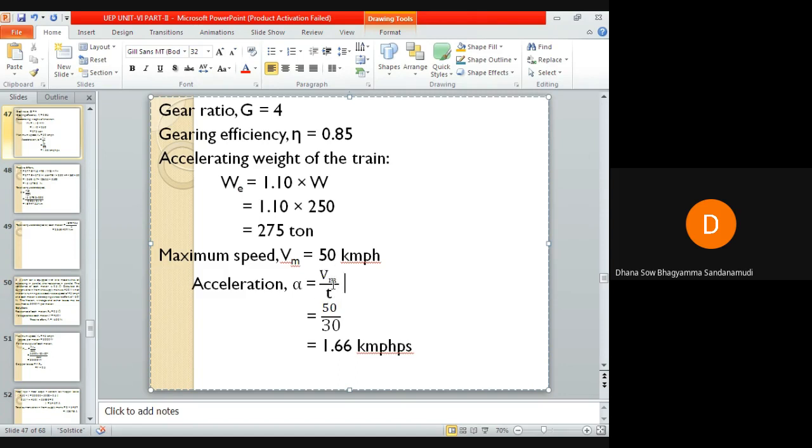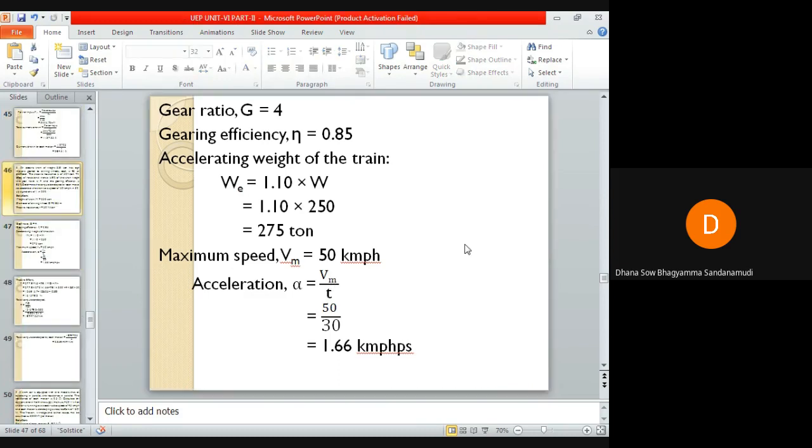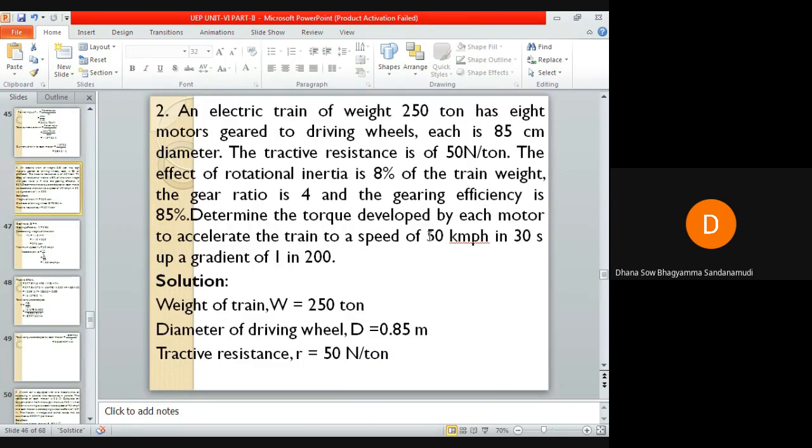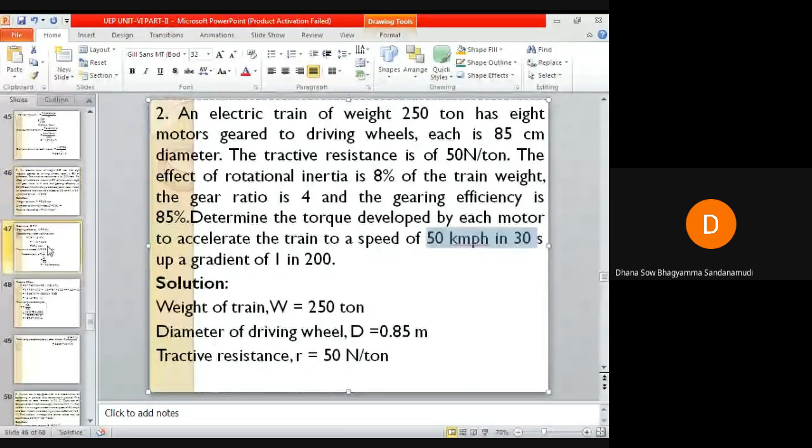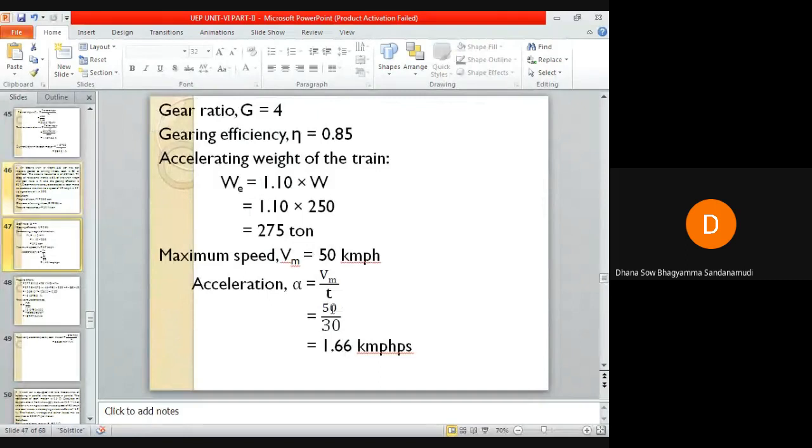So Vm is 50, and T is given in the problem: 30 seconds for 50 kilometers per hour during the acceleration period. 50 by 30, you will get 1.66 kilometers per hour per second. So you try to solve on your own. As soon as you complete, inform.